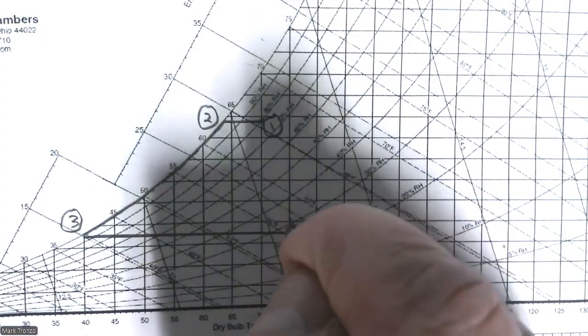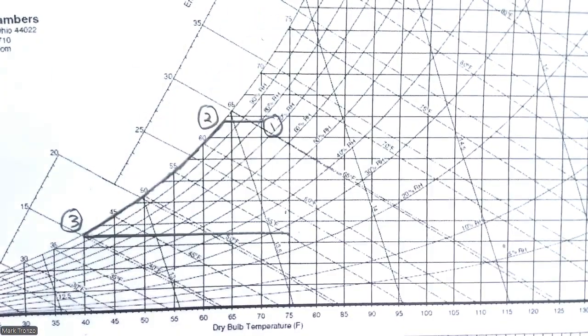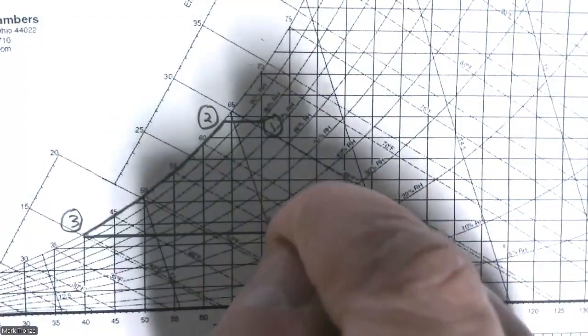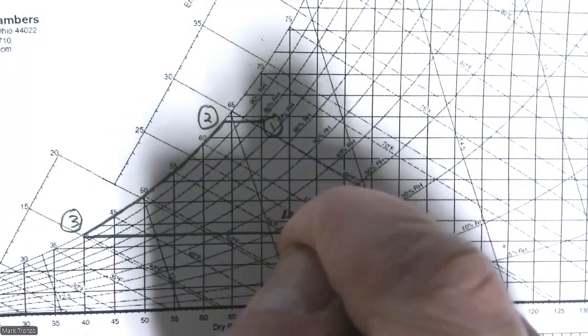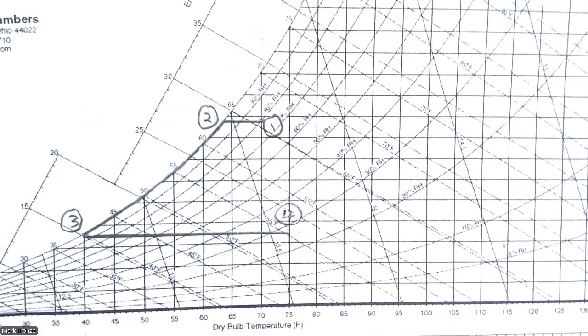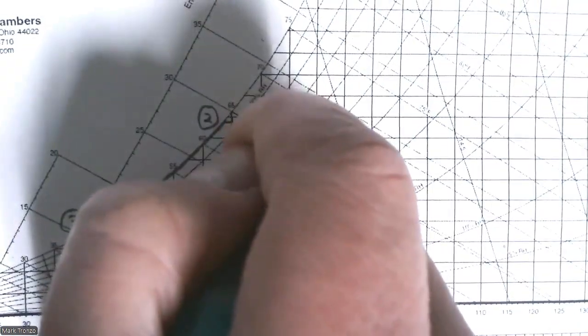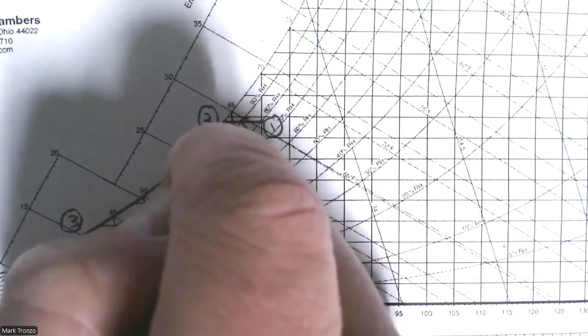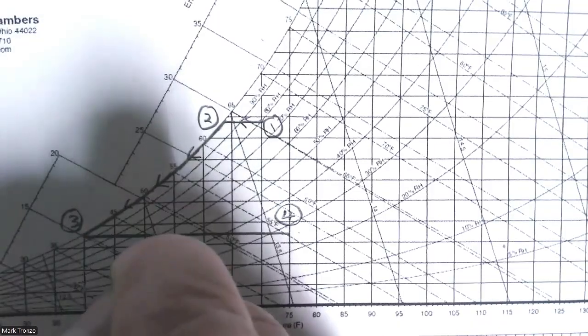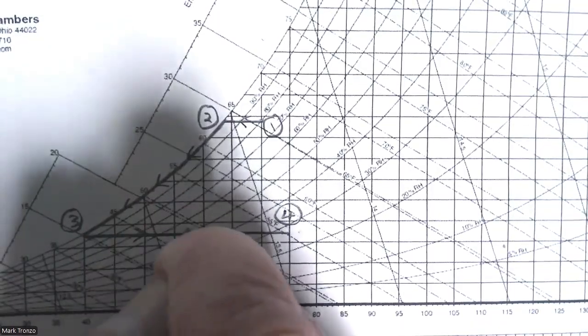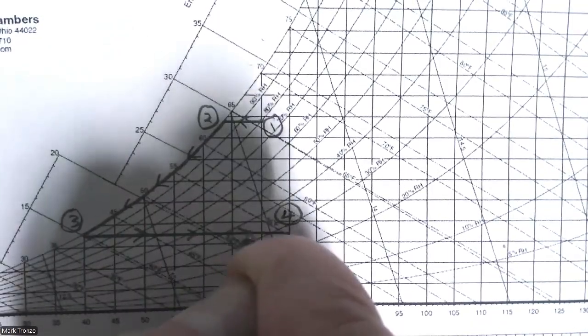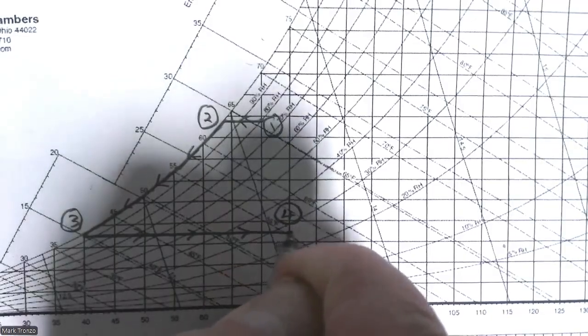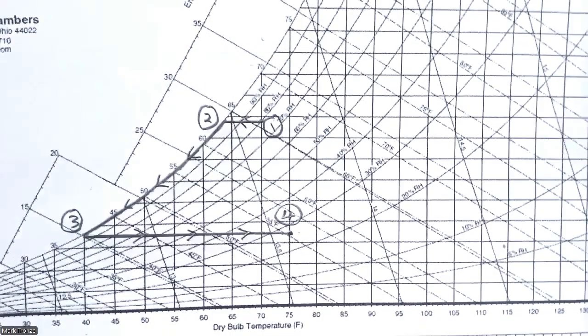Our final state four, I'm going to put the 4 up here because it's going to be a little bit crowded down there, like that. So from 1 to 2 along the saturation line to 3, and then up to 4, like that.